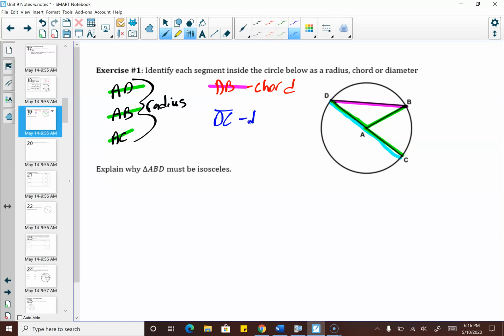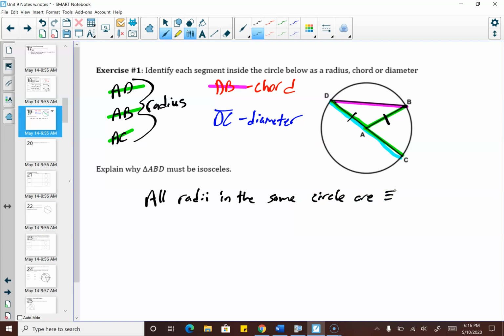And again, that's going to be our diameter because it connects 2 points on the circle, but it also passes through the center. So now we want to explain why triangle ABD has to be isosceles, all right? And I marked what should be pretty obvious what the 2 congruent sides are. And this goes back to one of the things we wrote down in the very beginning. Since all the points on the circle are equidistant from the center, all radii in the same circle are congruent.